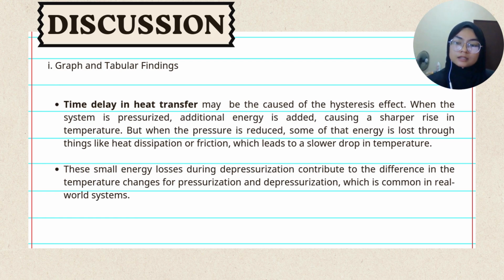So meaning that during the depressurization, the heat losses occur naturally, compared to the pressurization where energy is added into the system. So when the depressurization happens naturally, this leads to a slower decrease in temperature. Energy losses such as those resulting from inefficient insulation or mechanical resistance within the system also contribute to the natural loss of heat in the depressurization.